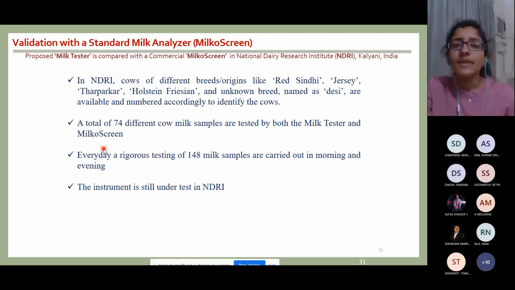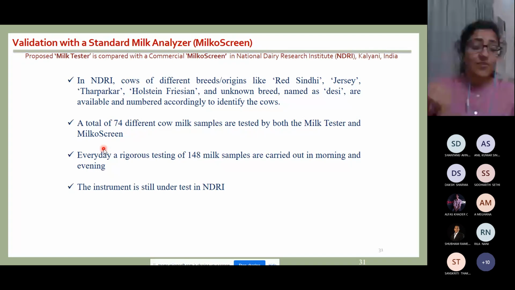We have different cow samples, 74 in the morning and evening, so you will have extensive experiments with those samples. One more thing is that we didn't know the samples. In the laboratory, I was adding the adulterants and I knew which adulterants were there, so there may be a chance of manipulation.